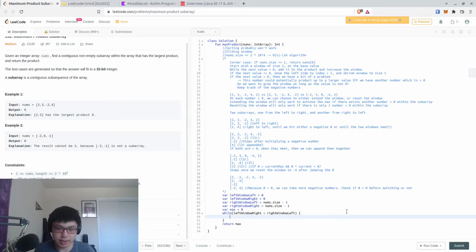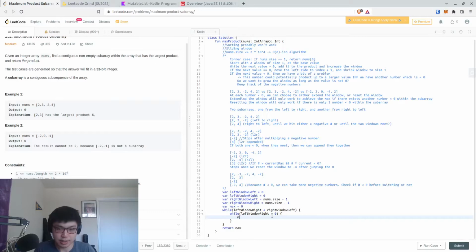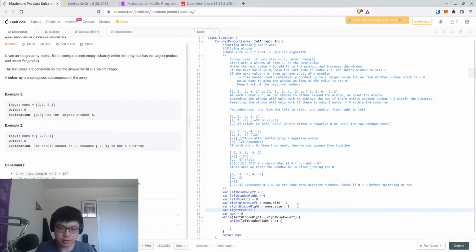We can say while left window right is greater than 0. We can call this var left product, var right product. Started at 1.